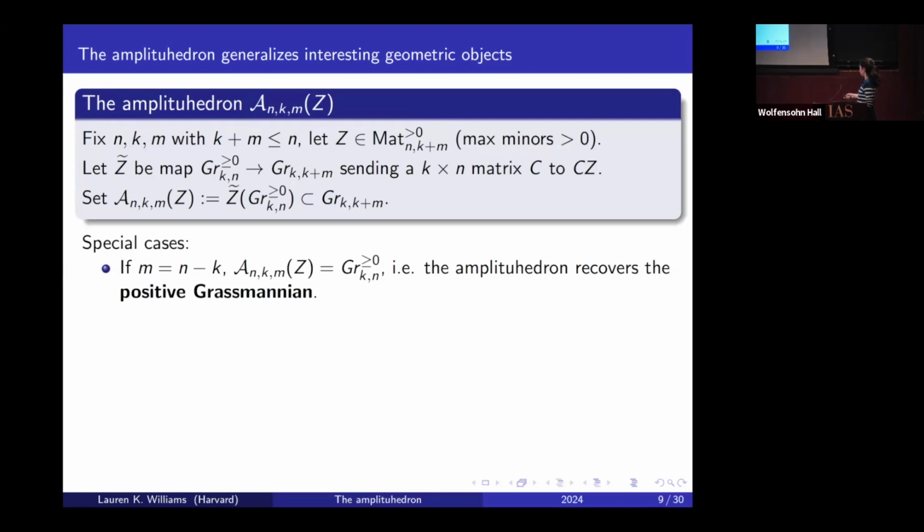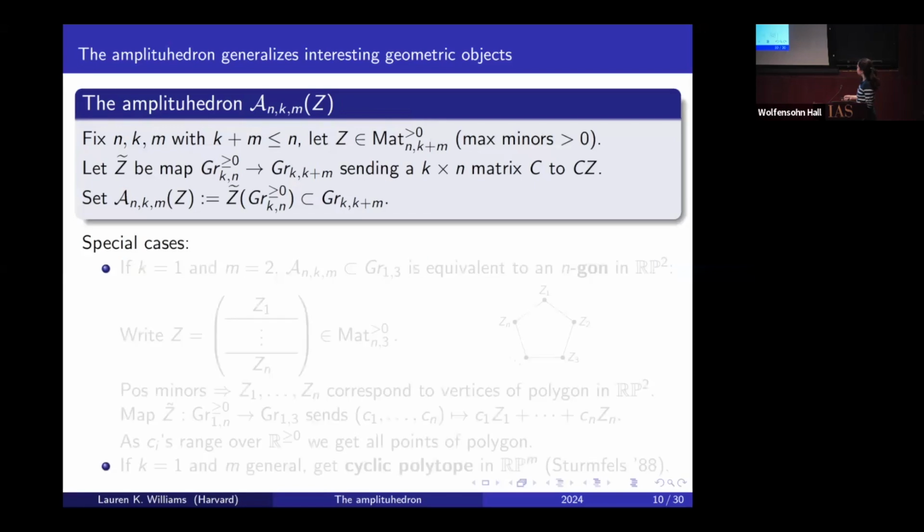Okay, so it's a little bit boring, but it's saying that you can think of the amplituhedron as a generalization of the positive Grassmannian. Now, when k is 1 and m is 2, the amplituhedron is equivalent to a polygon in RP2. So let me say a word about why that's true.